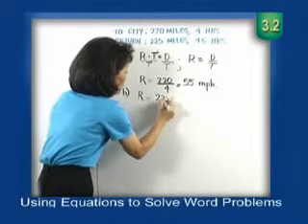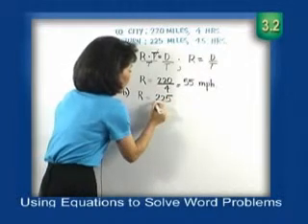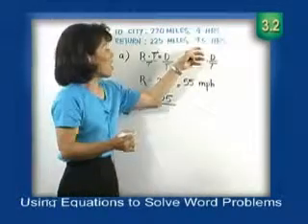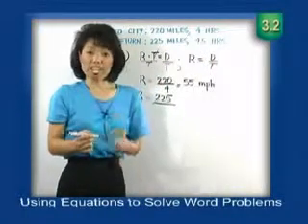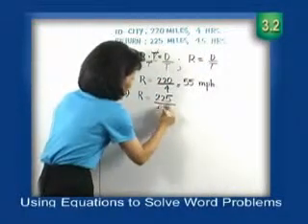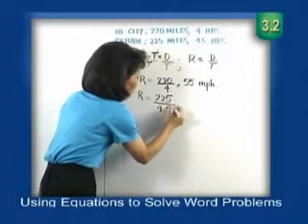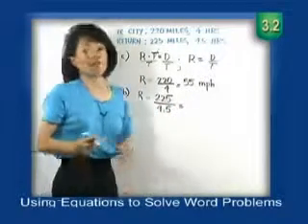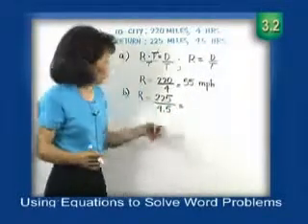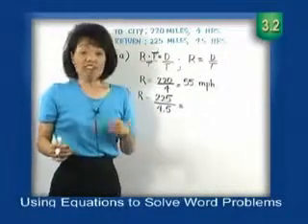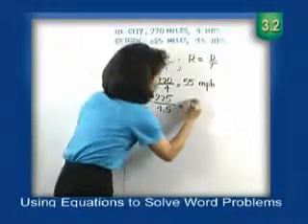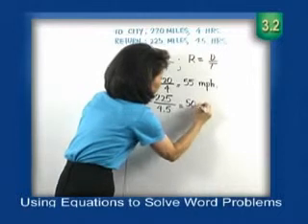So 225 goes in for distance. And her time on her return trip was again a bit longer, 4.5. So we're looking for her average rate of travel on her return trip. So 225 divided by 4.5 turns out to be 50 miles per hour.